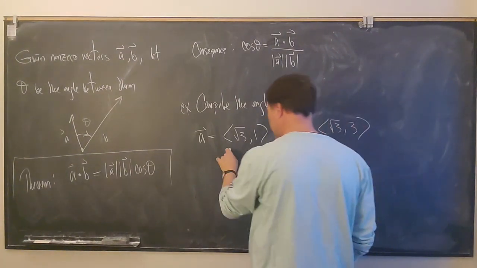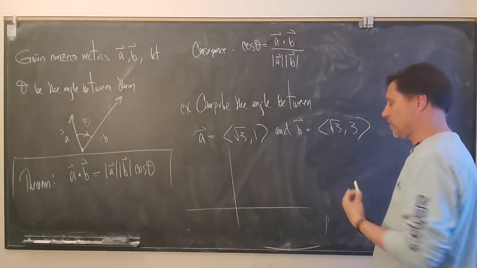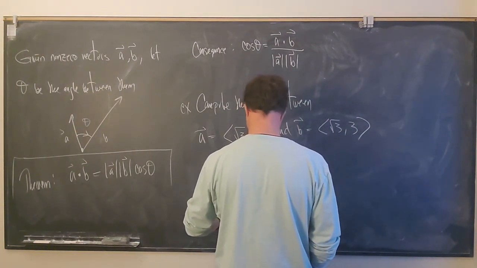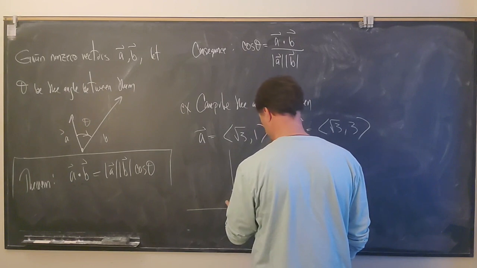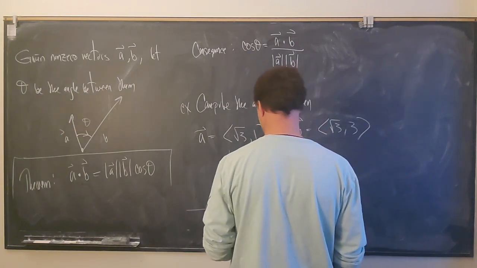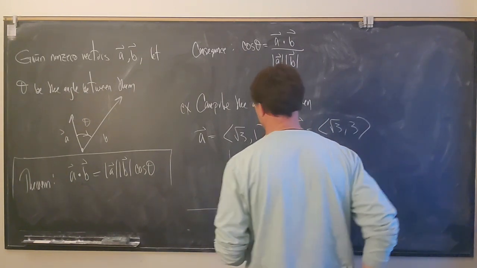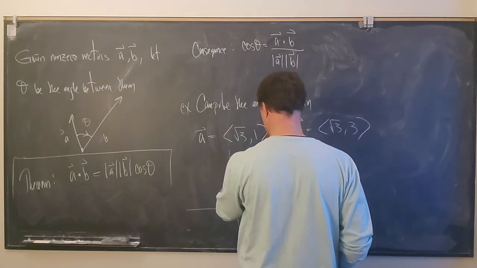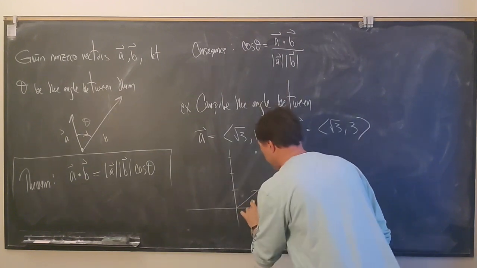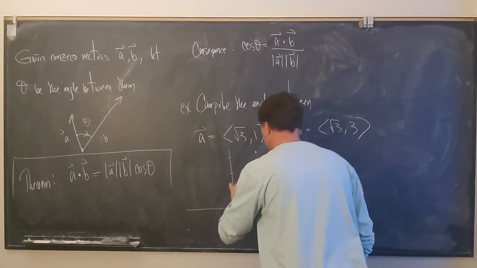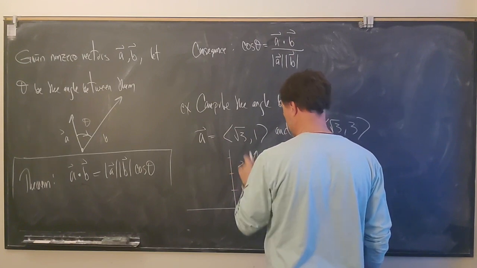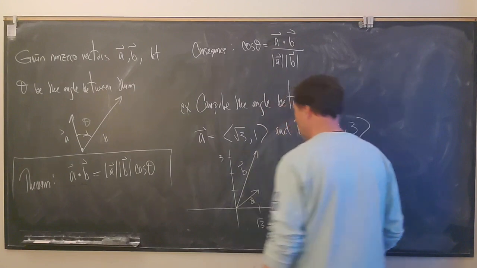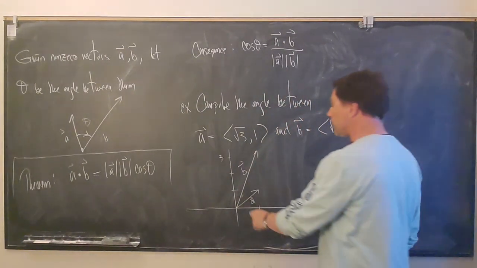If you were to draw the position vectors of each of these, it'd be kind of like this. There's a, that's root 3. So what does that mean? Go over root 3. So there's a, and then 1, 2, 3. And then vector b is up there. So we want to compute this angle right there.